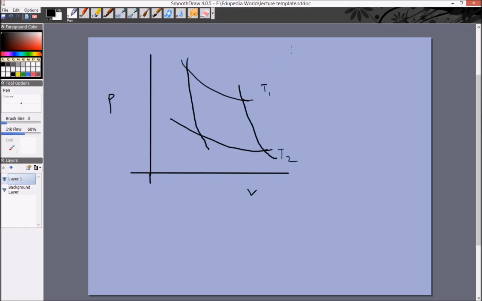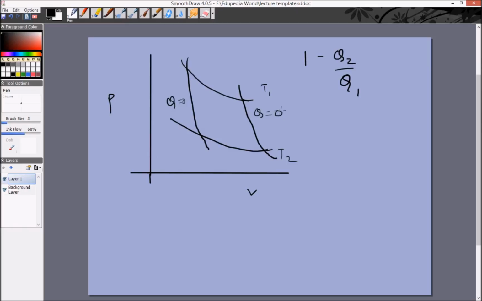Now, we found out that the efficiency was 1 minus Q2 by Q1, where Q2 was the heat rejected, Q1 was the heat absorbed. This basically comes from W by Q1, where W is equal to Q1 minus Q2. Now what are Q1 and Q2? The heat during these adiabats will be 0. So the only heat absorbed and rejected will be during the isothermal process.